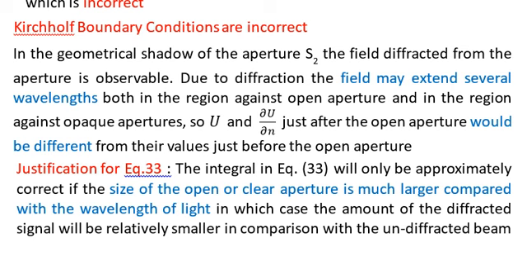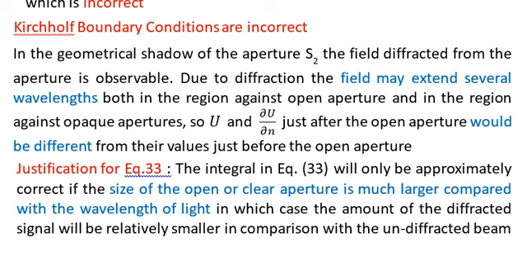So let's see how. In the geometrical shadow of the aperture S2, the field diffracted from the aperture is observable. This is a very important point: after the opaque aperture you can observe the field. Due to diffraction, the field may extend several wavelengths both in the region against the open aperture and in the region against the opaque aperture. So u and its partial derivative just after the open aperture would be different from their values just before the aperture.